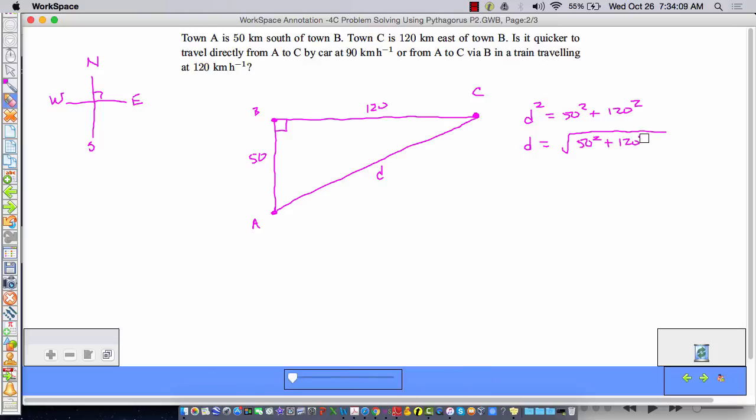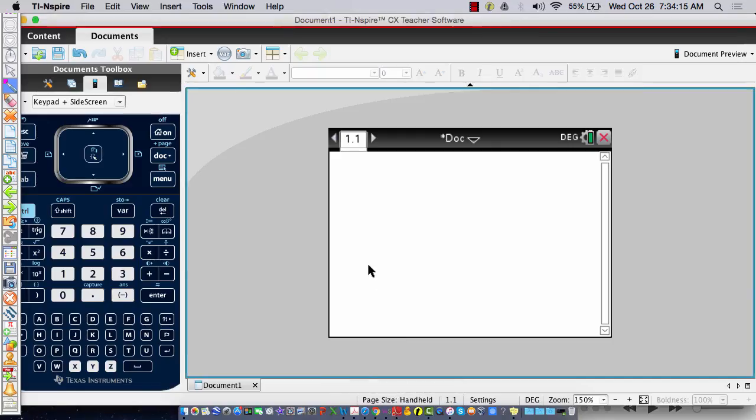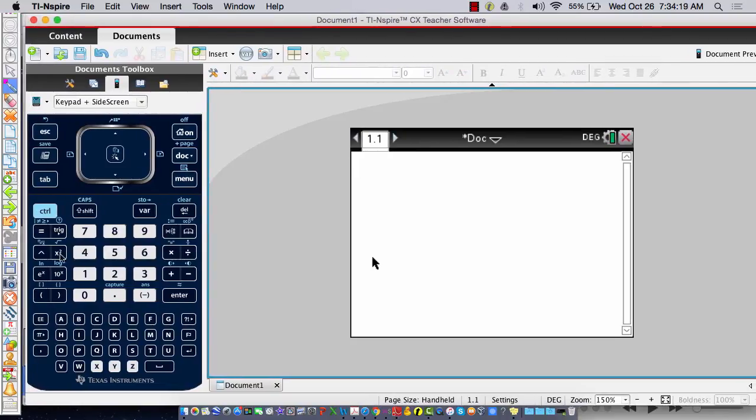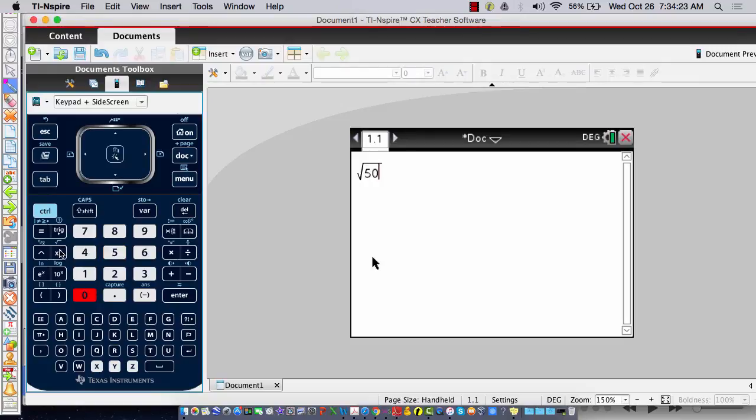You don't have to figure out what 50 squared and 120 squared is. You can just crank it in your calculator: 50 squared plus 120 squared, then the square root button. That gives 130.